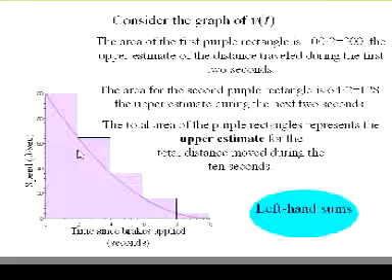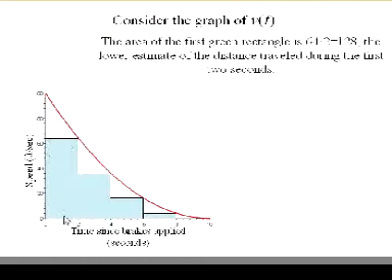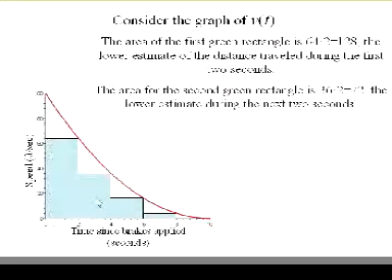Now, if we have left-hand sums, then we must have right-hand sums, and you can imagine the top will be made with the right hand of the rectangle. Well, it turns out our right-hand sums are the rectangles we made when we did the lower estimate. So we've actually already calculated the area of these rectangles. The area of this first rectangle is 64 feet per second times the 2 seconds, so 64 times 2.